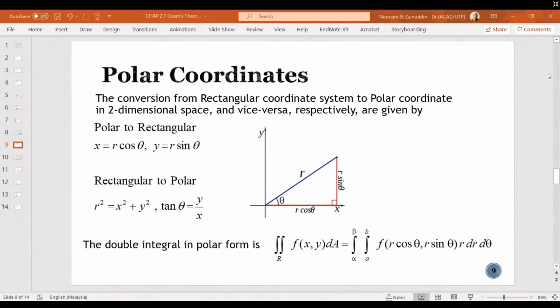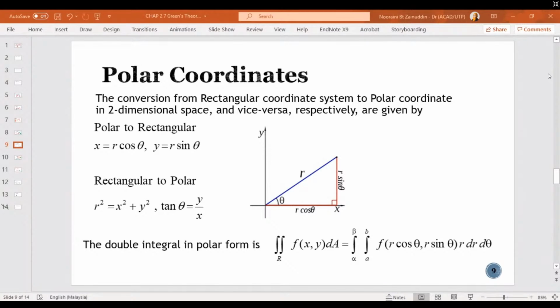Parameterize meaning you change instead of x, y, you use t, so change to one variable. Or before this x, y, z, you change into two variables. That one is parameterization. But now instead of x, y, you use polar coordinates. Same as substitution, but here we call it coordinates.